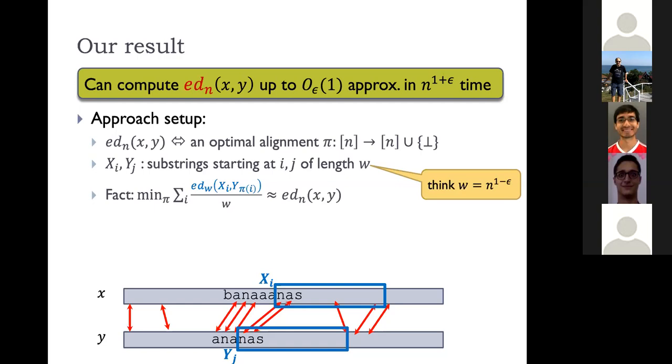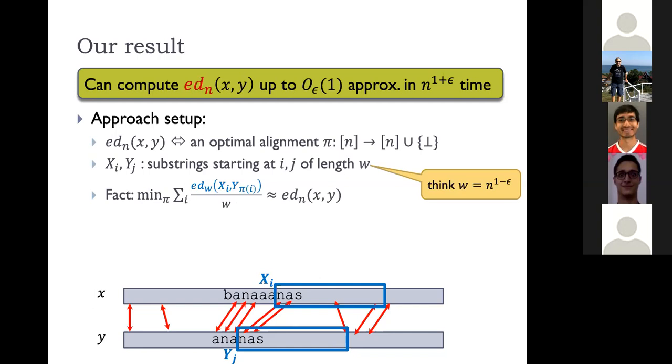And now we basically sum up the cost of matching substring xi to the matching substring y. So it's the edit distance now of substrings of length w, of substring xi versus substring y, starting at the corresponding match, basically pi of i. Right, so for example, this substring will be matched to this substring. We have to normalize by w because these strings are of length w and we're taking all substrings.